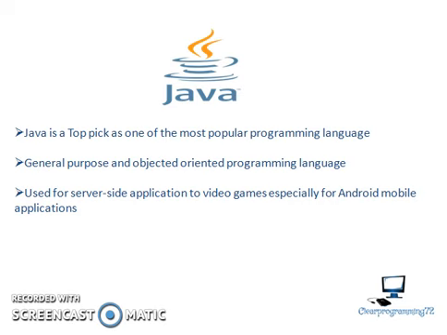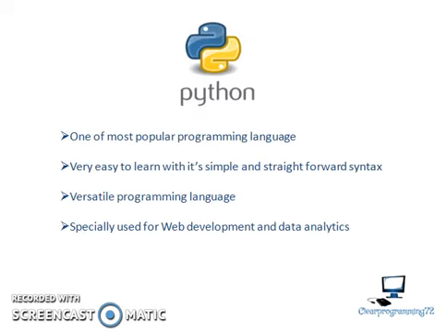The next language which we are going to discuss is Python. Yes, Python is also one of the most popular programming languages. And the best thing about Python is that it is very easy to learn as it has very simple and straightforward syntax. Python commands are like English commands, its syntax is very easy and it's a versatile programming language.